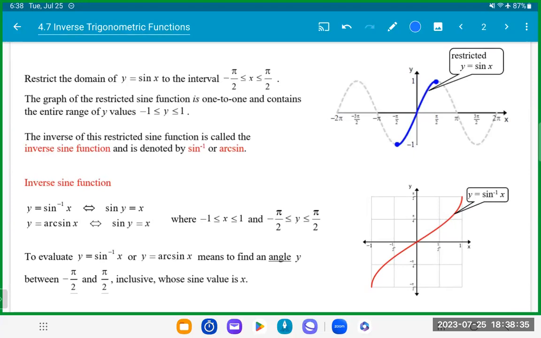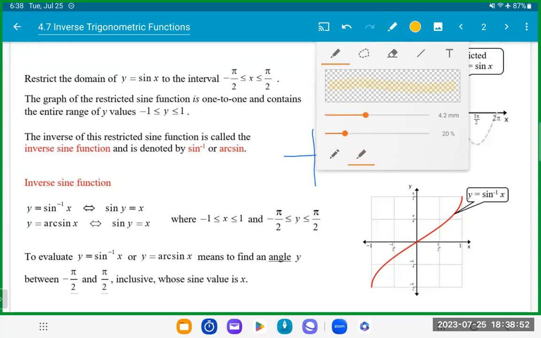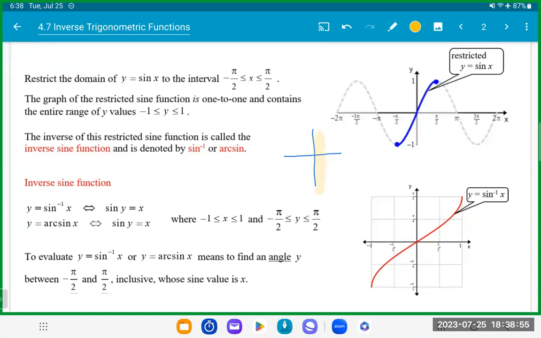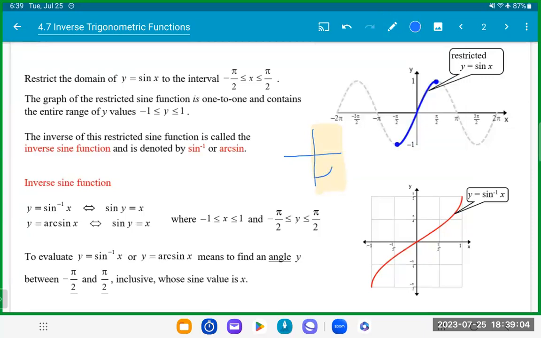If I'm looking at my inverse, then my domain is restricted from negative pi over 2 to positive pi over 2, and it can be inclusive. So I can only go from negative pi over 2 to positive pi over 2. That means I can only be in these two quadrants. I can go from here to here or from here to here, but I can't cross those lines.